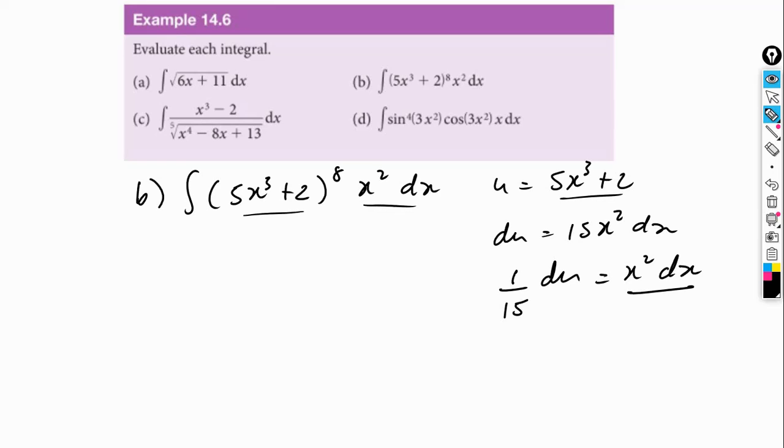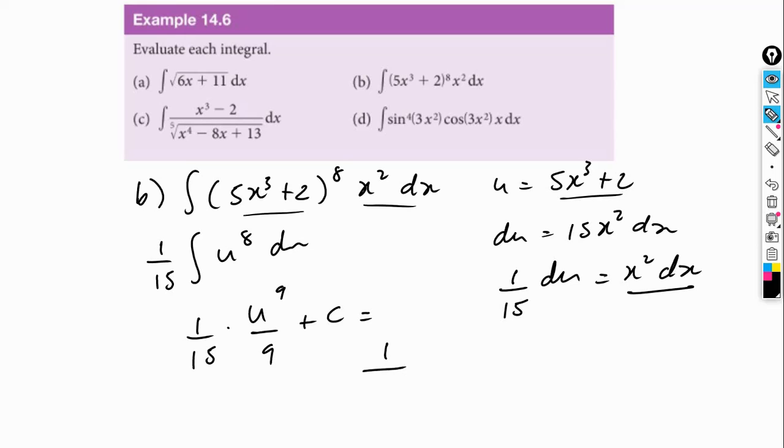So we can rewrite it as, and this time I won't forget, 1 over 15 integral of u to the 8 du. And this is simply going to be 1 over 15 times u to the 9 over 9 plus c, which is equal to 1 over 135, that's 9 times 15, u to the 9 plus c.